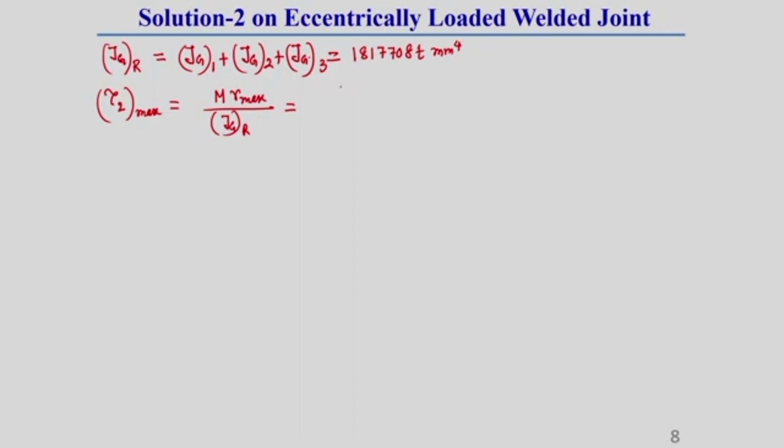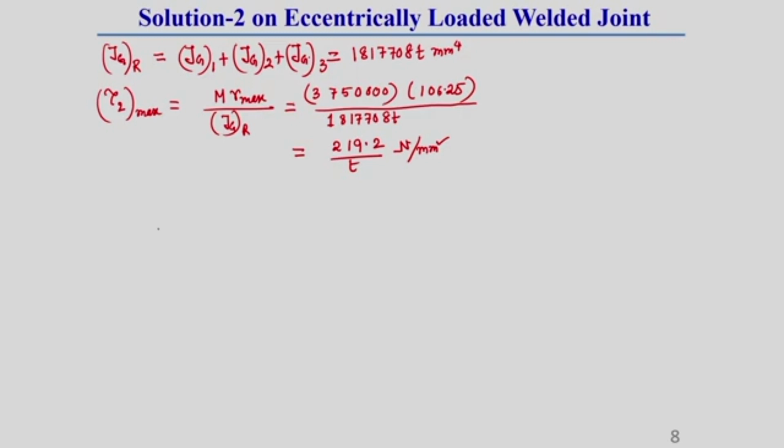M is 3750000, r max is given 106.25 and JG resultant was just shown, 1817708 T. So, by this we are getting 219.2 divided by T. This unit is Newton per millimeter square. So, tau 2 max is also known to us.